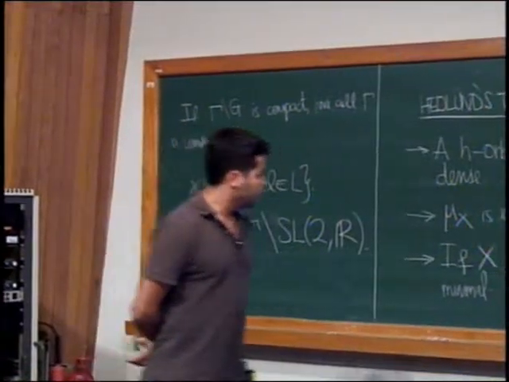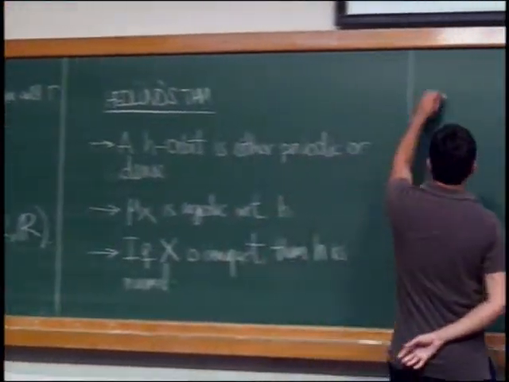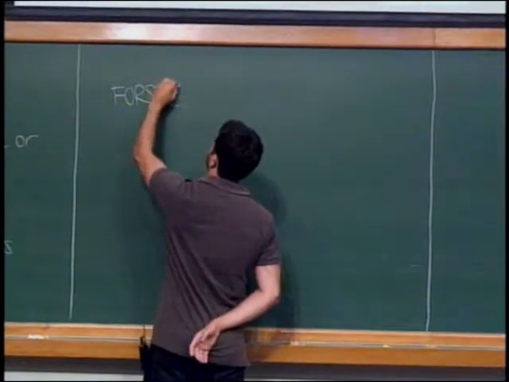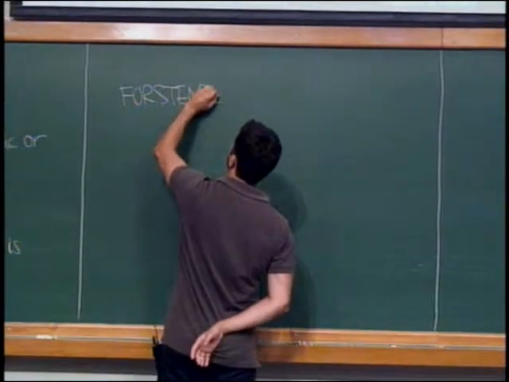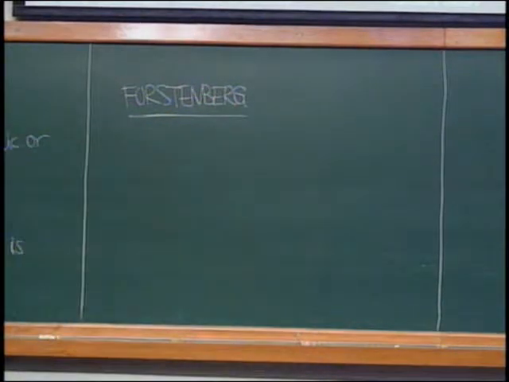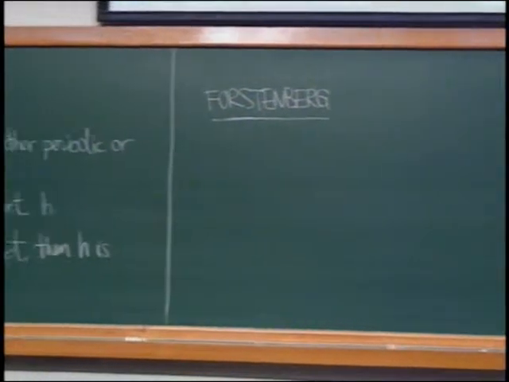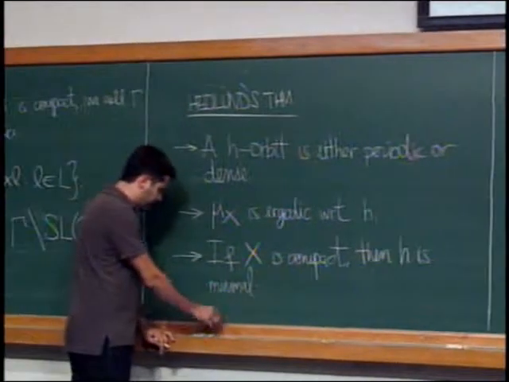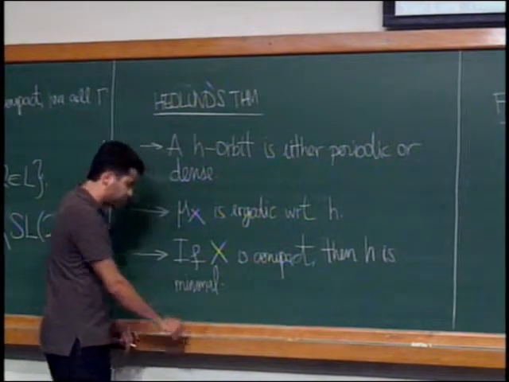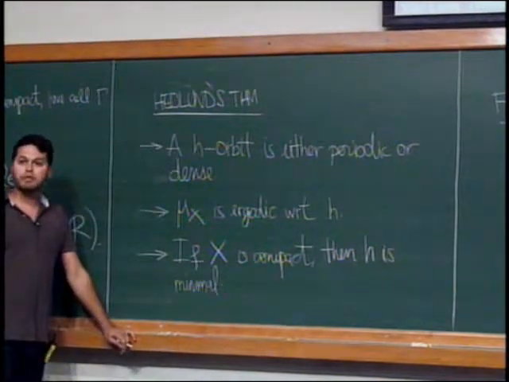But a long time passed, and after this long time, Furstenberg considered this special case in which X is compact. And instead of investigating the topological properties of the orbits, he tried to investigate the properties of invariant measures.